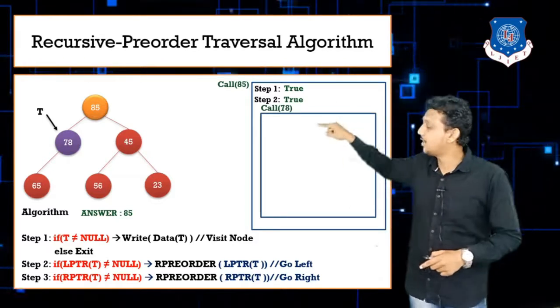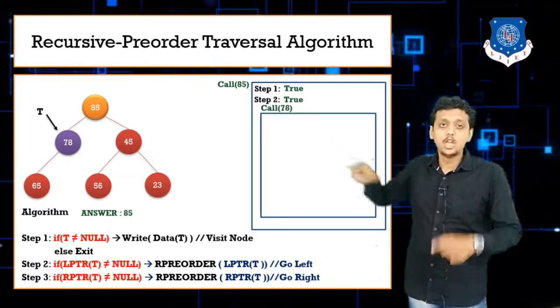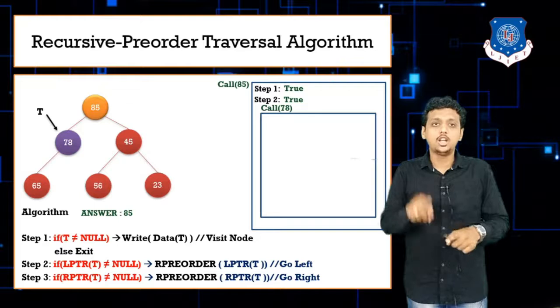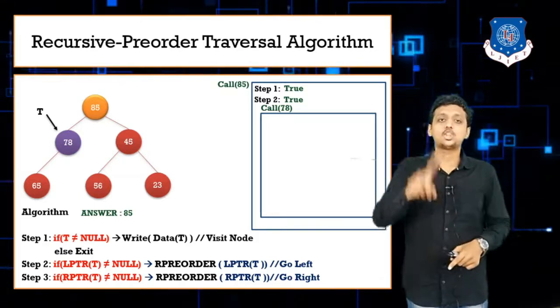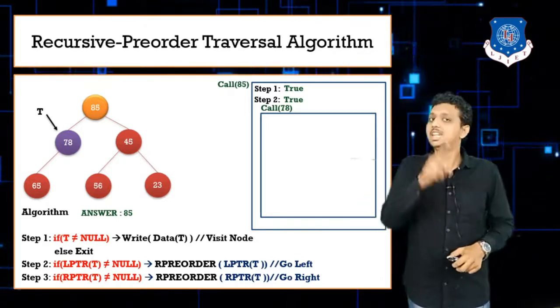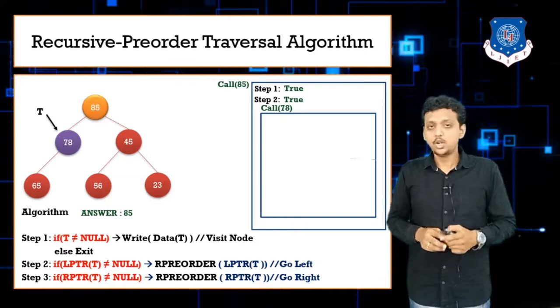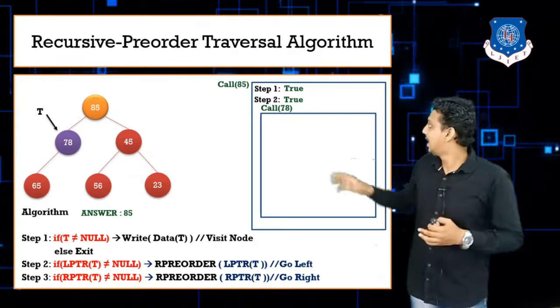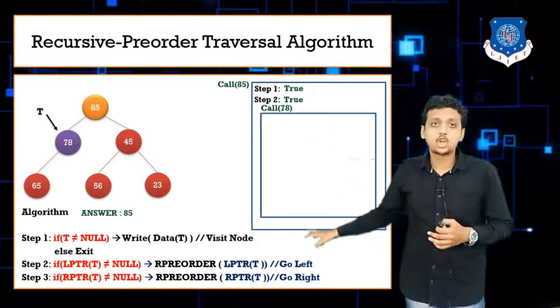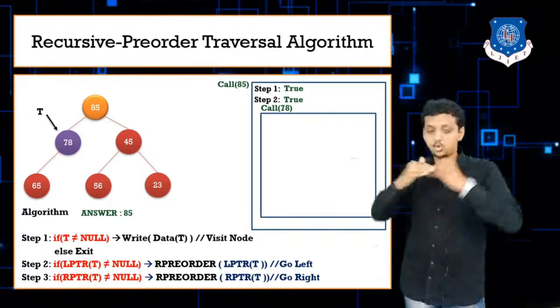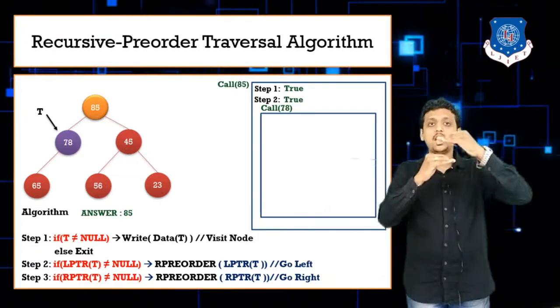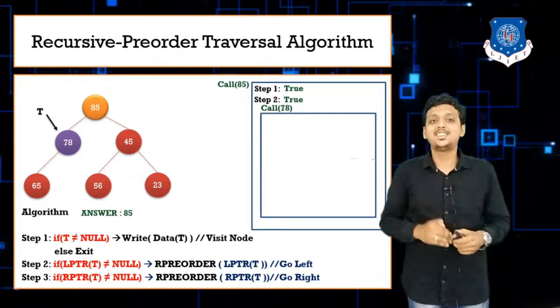See, I'm showing you this because you will get the idea about recursion. Whenever I go towards step number 2, a function is called again, and this box represents the function calling for 78. At the bottom we have the call for 85, and above it we have the call for 78. This is a stack.